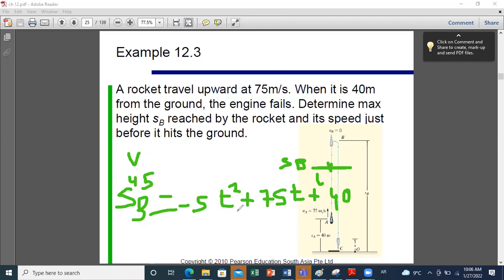If you solve this second degree equation, you will get two solutions. The first one will correspond to your upward motion, the second one to your downward motion. When you replace these two times in the equation of v, you will obtain exactly the same velocity magnitude, but opposite sense. One is positive, one is negative.